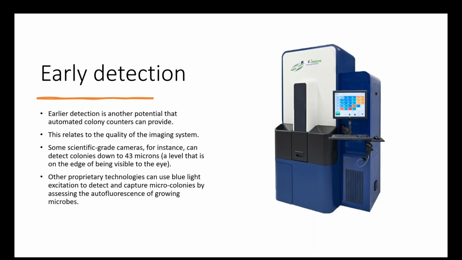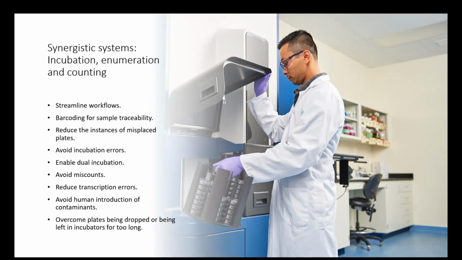It's also important not to see the automated colony counter as a standalone system. Yes, you can feed plates in and produce results relatively quickly, but there are also advantages that arise from synergistic systems as well. And this enables us to develop more meaningful, lean and efficient workflows, to reduce errors through things like barcode functionality to improve the traceability of samples.